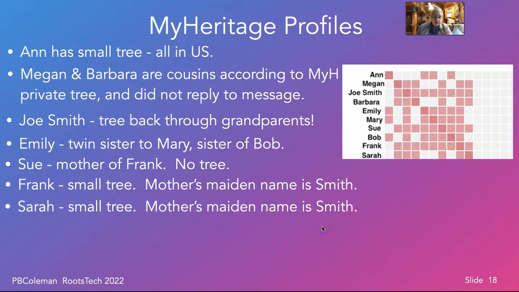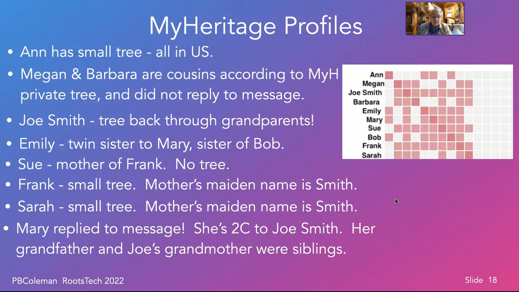Sarah also has a small tree and indicates that her mother's maiden name is Smith. So with the same surname Smith as Joe has, it's beginning to look like this cluster is on Joe's paternal side and not his maternal O'Brien line, as Joe and I originally had expected.